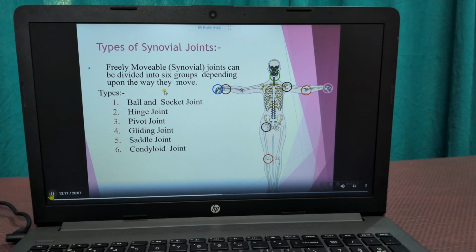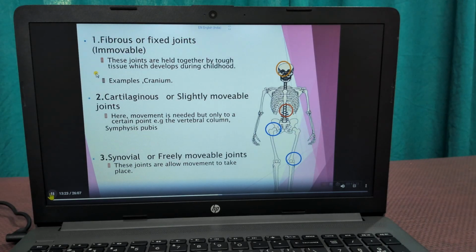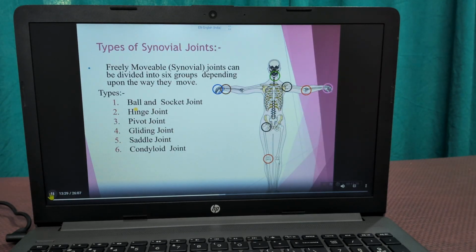So we are now seeing the types of synovial joints. As you know, fibrous joints have three types, cartilaginous joints have two types, but the synovial joints have 6 types. They are the freely movable joints, so they have more types. Depending upon the position, they are divided into different joints.